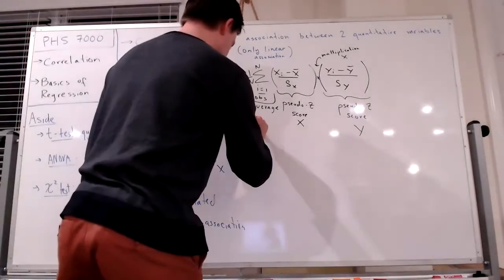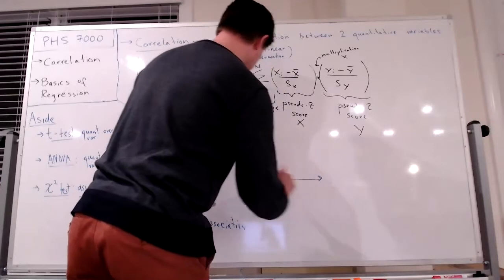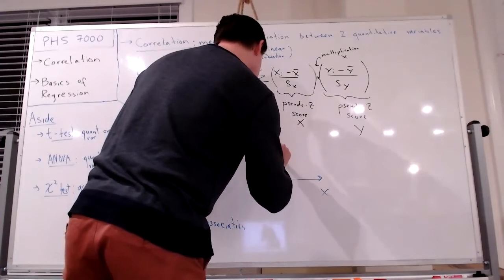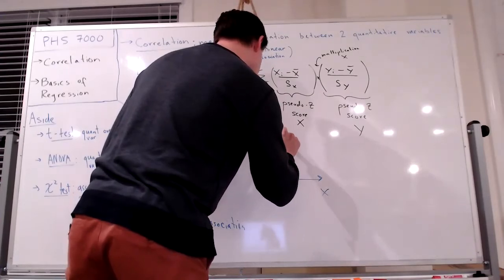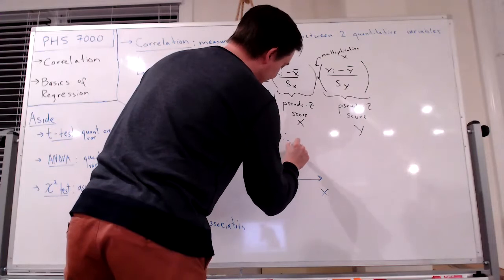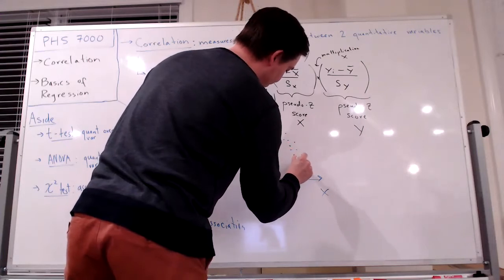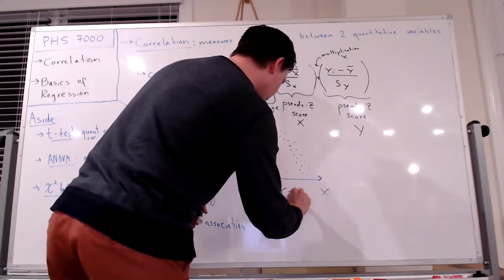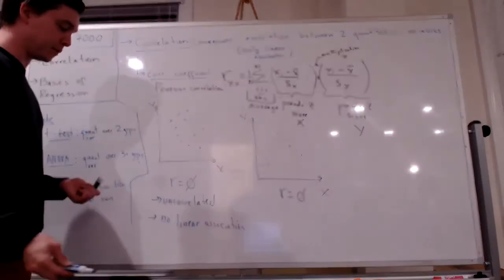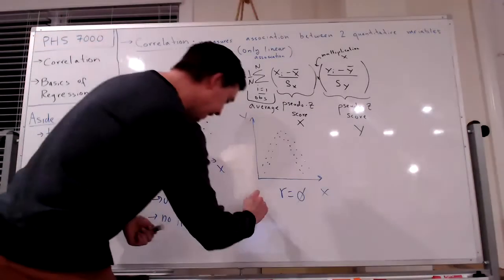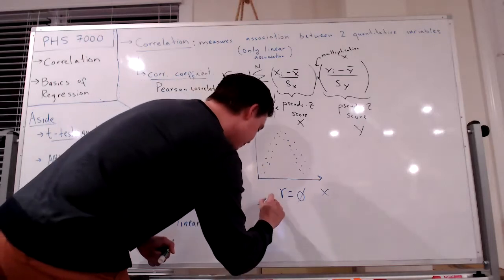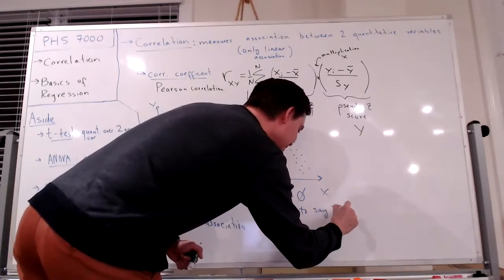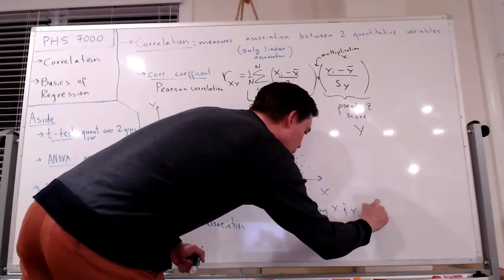But what I'm drawing now is an inverted U. And this too would have a correlation coefficient of 0. But is it really uncorrelated?